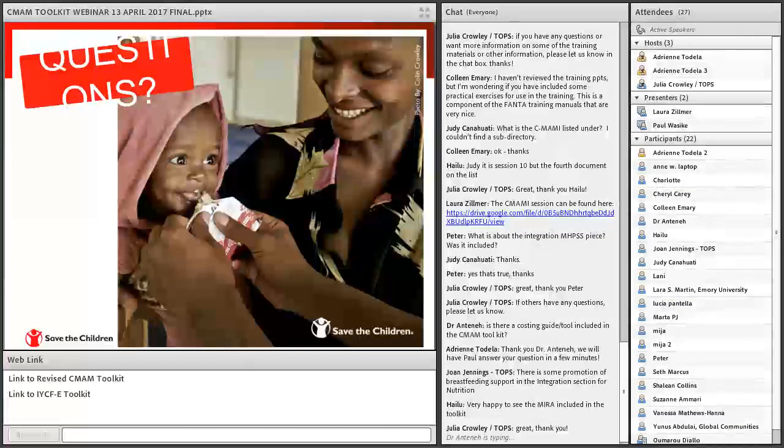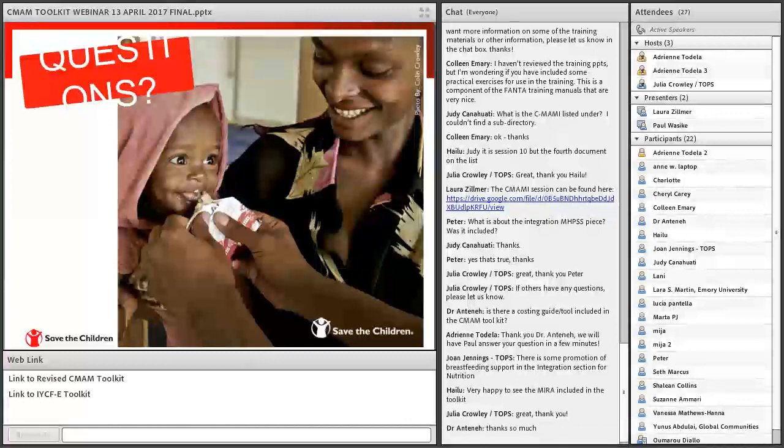So Joan Jennings from TOPS also said there is some promotion of breastfeeding support in the integration section for nutrition. And Hailu also commented that she was happy to see the MIRA included in the toolkit. Thanks for that.